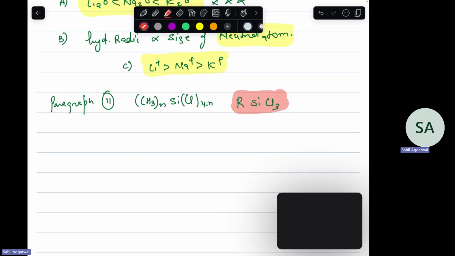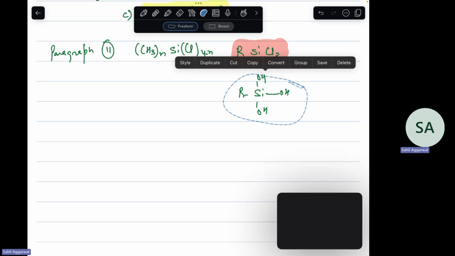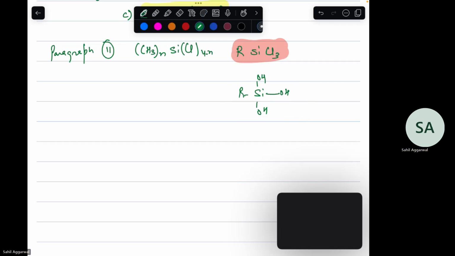So that 3 times hydrolysis occurs, it becomes this. And on dehydration, on condensation, it gives polymerized in all the 3 directions. For this, n should be equals to 1.